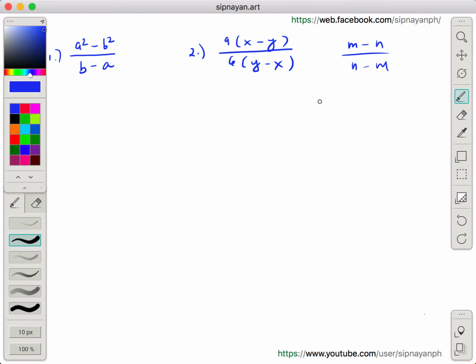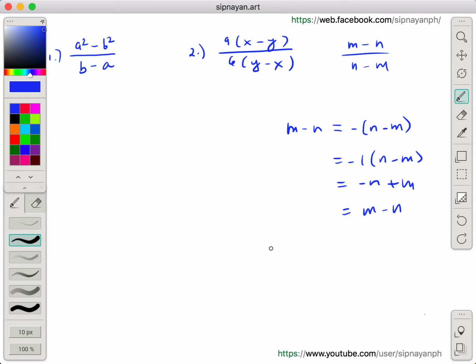Kung makikita nyo, yung relationship ng m minus n is actually the negative of n minus m. So, pag sinimplify natin to, magiging the same as negative 1 times n minus m. So, magiging negative n, then plus m, which is equal to m minus n.